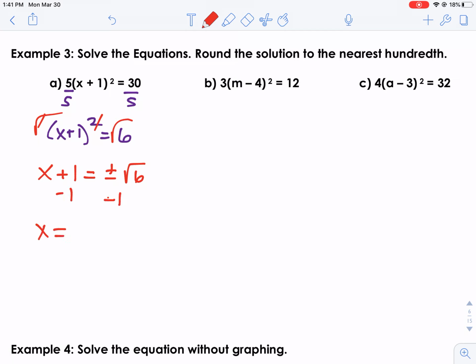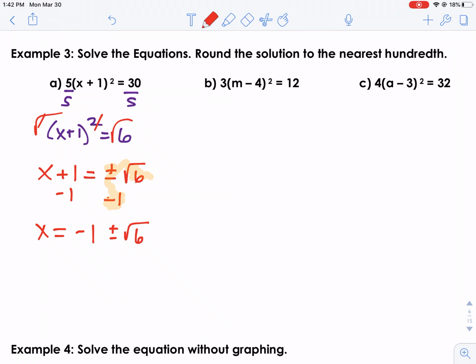So our answer would be x equals, and then here we have this quantity. It's usually written with the number first, so negative 1 plus or minus root 6. So you're literally going to write negative 1 plus or minus root 6. Okay, so please give that answer. That would be your exact answer, or it might be your answer in radical form would be the language it would use.